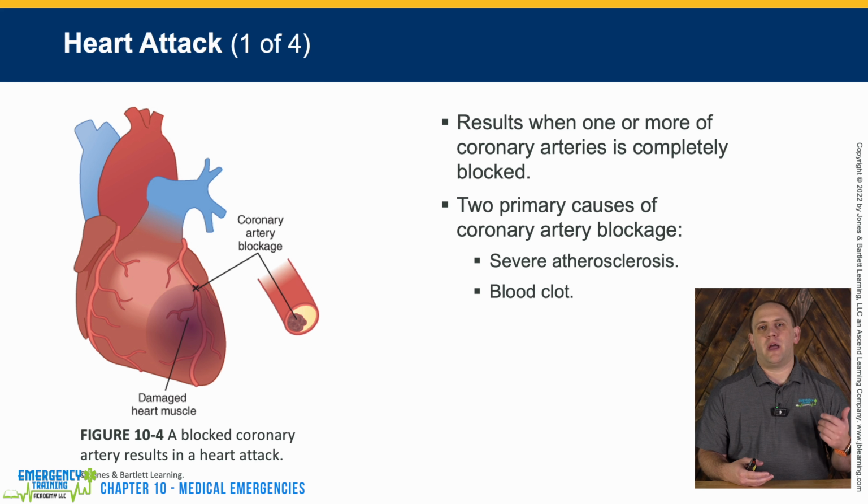This can be caused by either severe atherosclerosis, where they have just completely blocked off, or it may be where a chunk of that has broken loose and traveled farther down and clogged off one of the coronary arteries, or it could be a blood clot, which has gone through and blocked off part of that coronary artery.